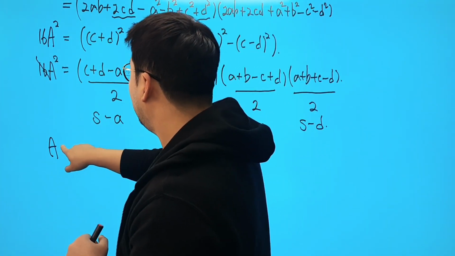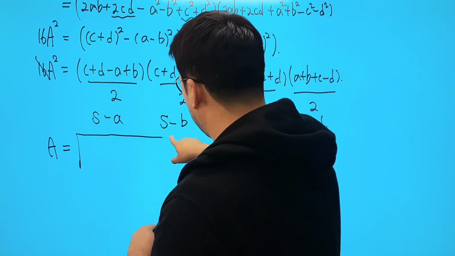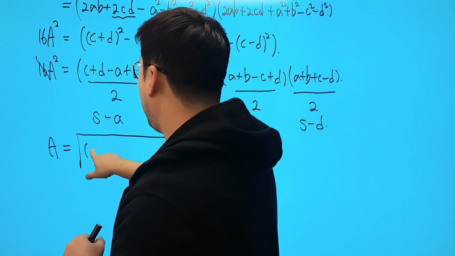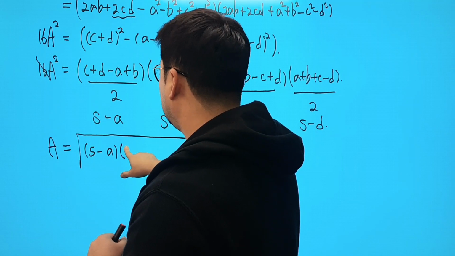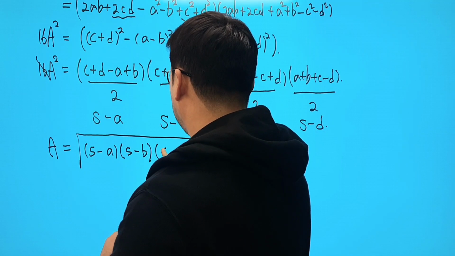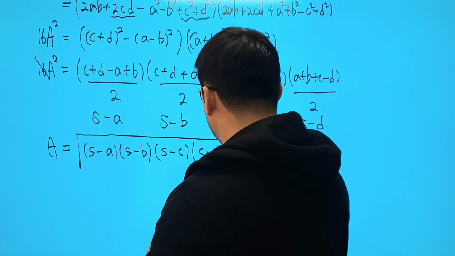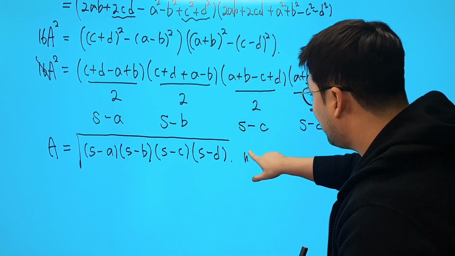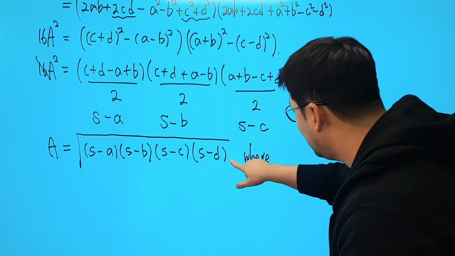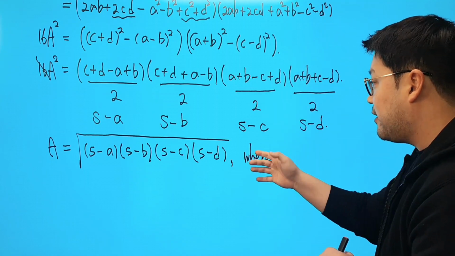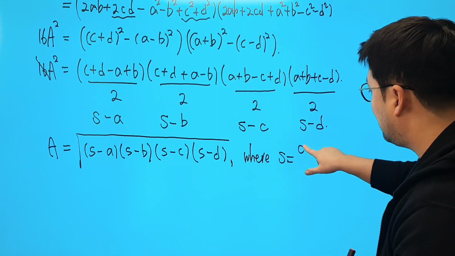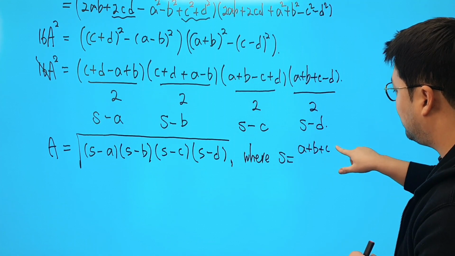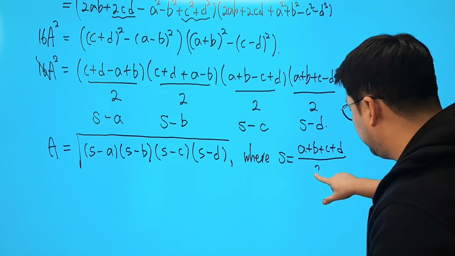All right, so A is supposed to be the square root of (s minus a)(s minus b)(s minus c)(s minus d). Of course, we've got to close it out here, where s stands for a plus b plus c plus d divided by 2.